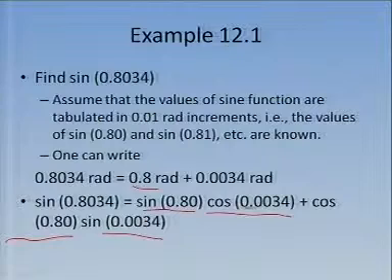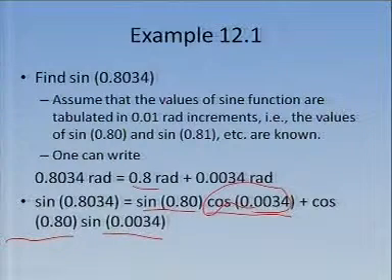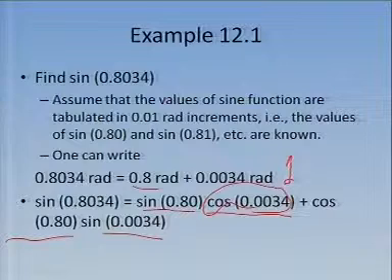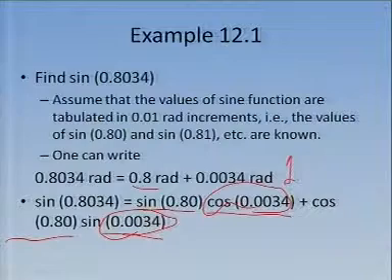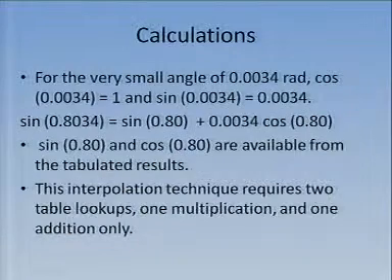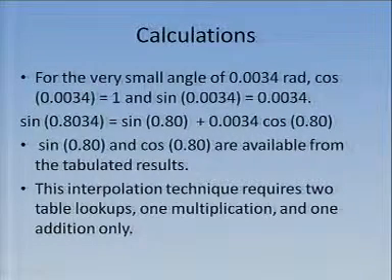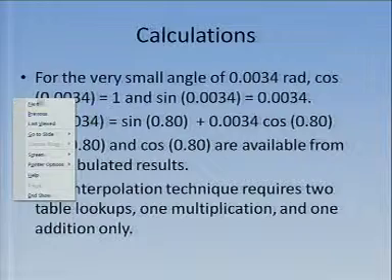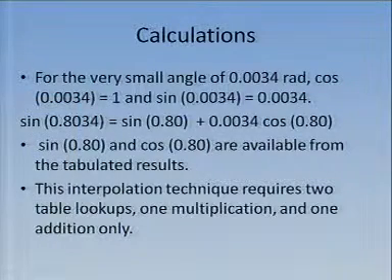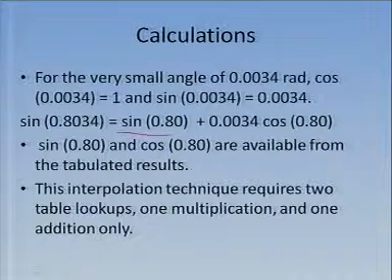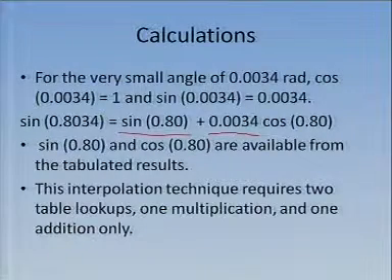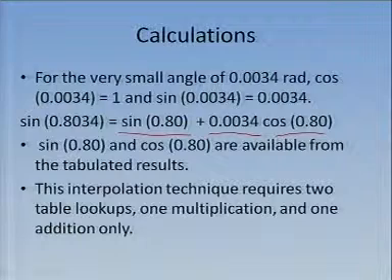Now, cos of a small value is approximately equal to 1 and then sin of this value is equal to 0.0034. So, this result requires what? For the very small angle 0.0034 radian, cos 0.0034 is 1 and sin 0.0034 is 0.0034, right. So, now the final result is sin 0.8034 is equal to sin 0.80 plus 0.0034 into cos 0.8, right.